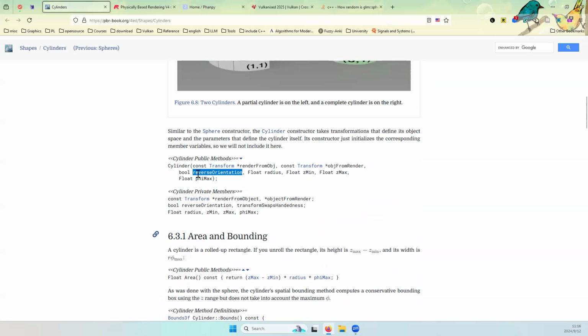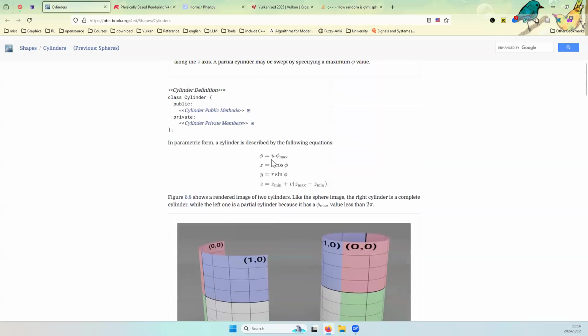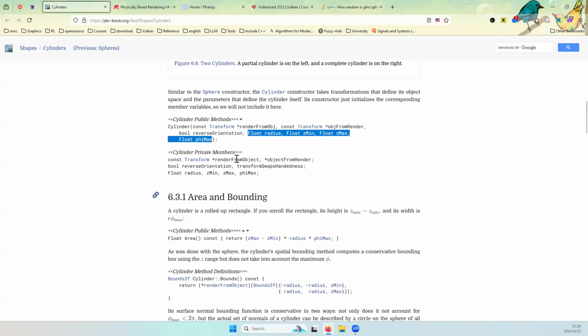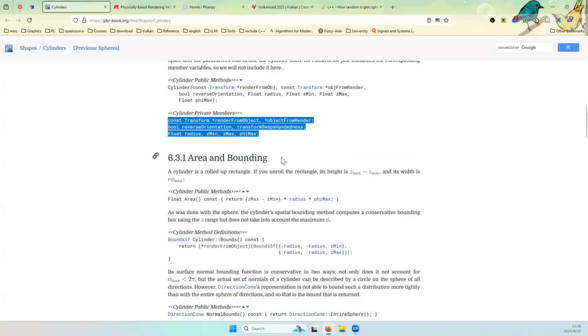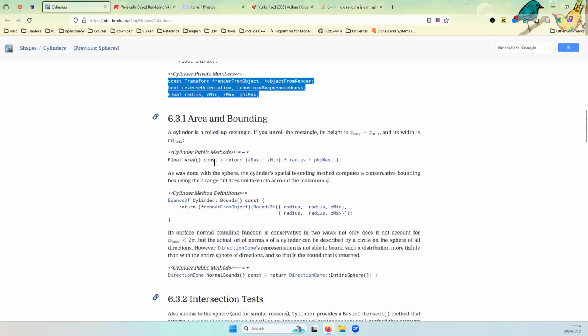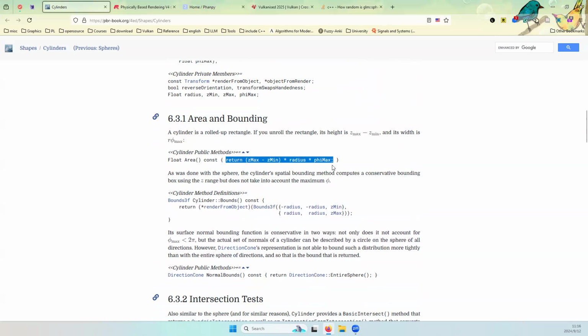Reverse orientation is the same as sphere. And this is just a bunch of parameters for those, and they're stored in here. Area is straightforward.